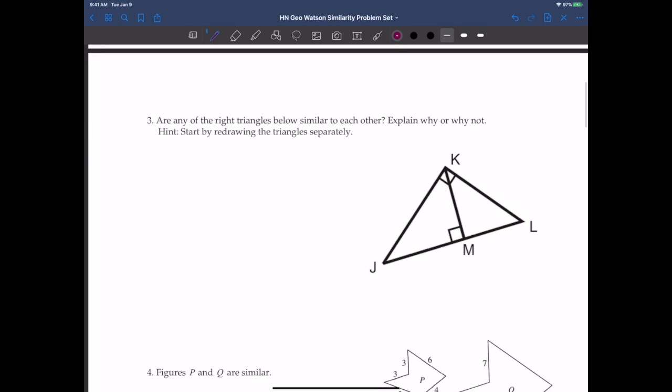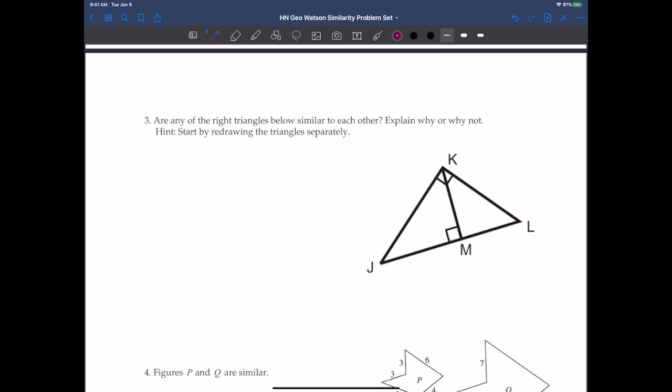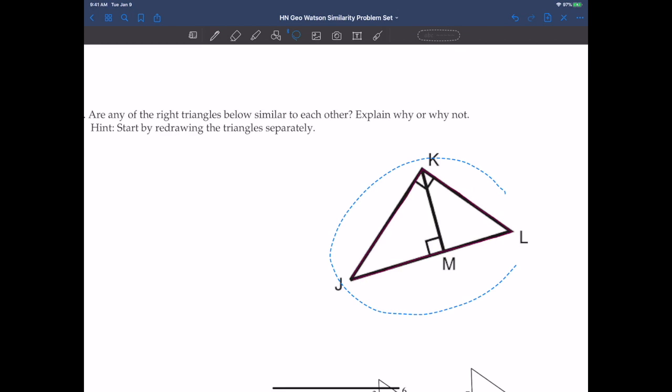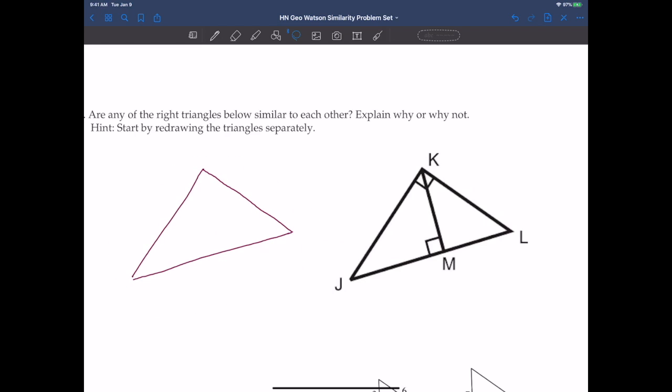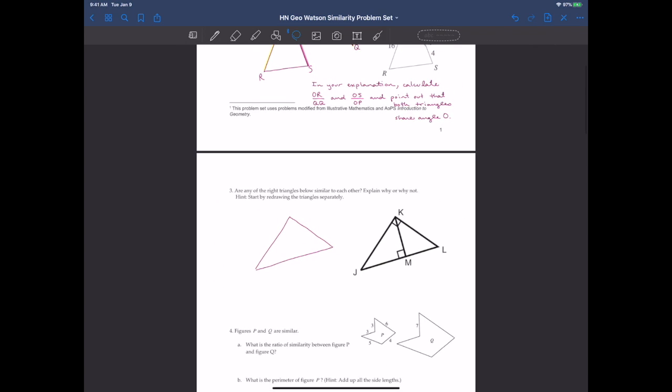Okay, let's look at the third problem together. This asks us, are any of the right triangles below similar to each other? Explain why or why not. And again, in this problem, it's a lot easier if we redraw the triangles separately. Okay, there's triangle JKL.